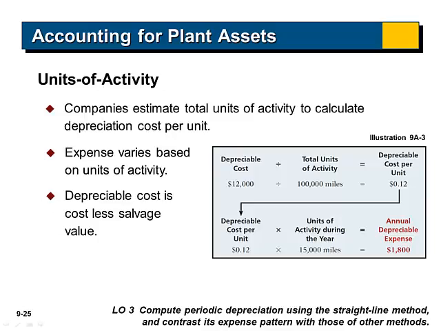And we calculate this. We're back to using the depreciable cost, which is just that cost of $13,000 less the salvage value. So we've got the depreciable cost of $12,000 for this truck, and this time we want to divide it by the total units of activity.